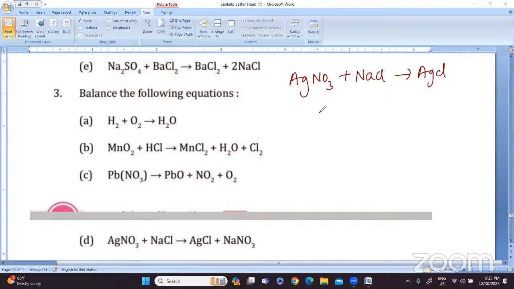Okay. So left hand side and right hand side. Left hand side NaCl, then Ag, okay, so nitrogen 1, oxygen.